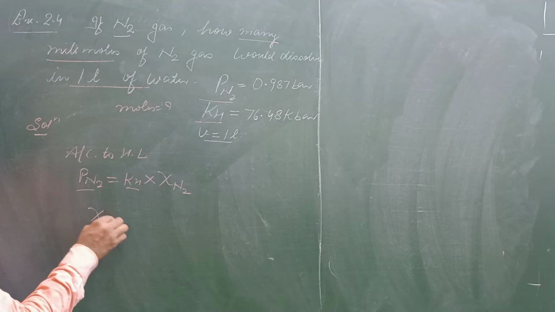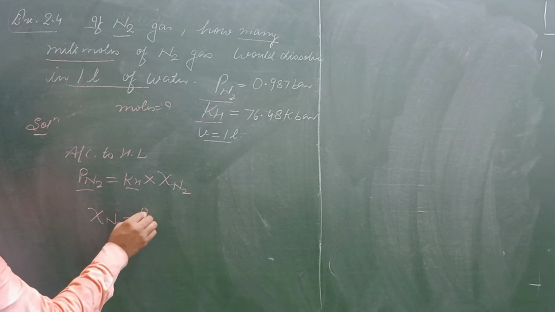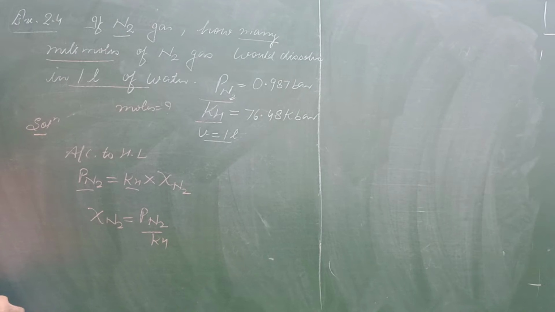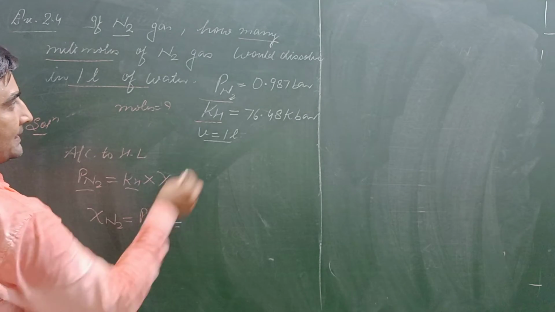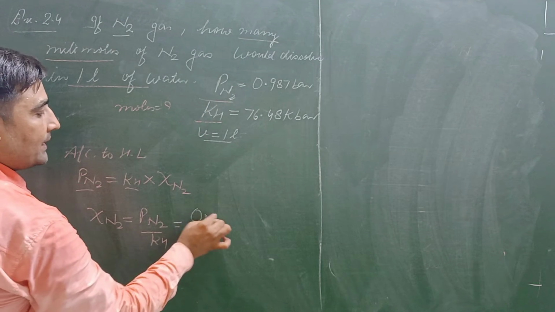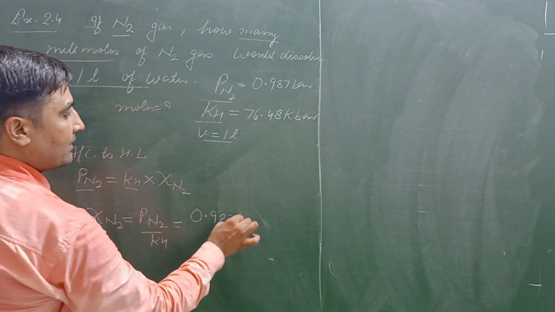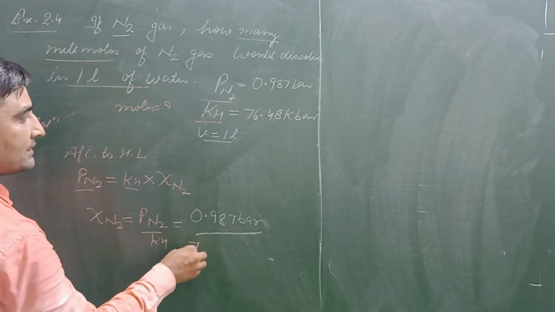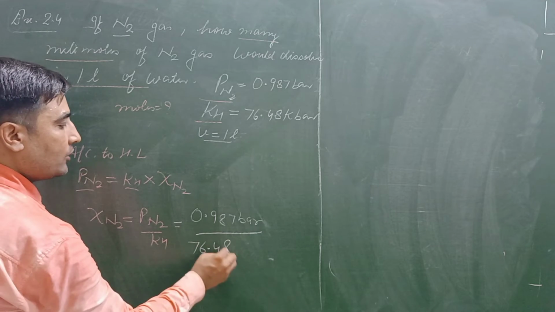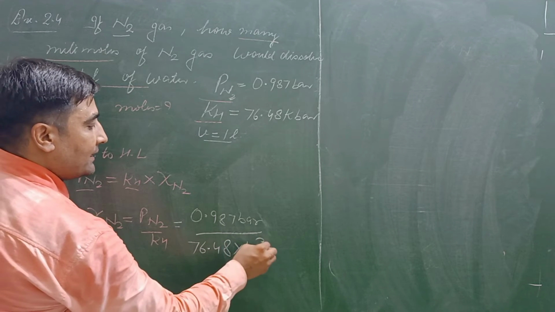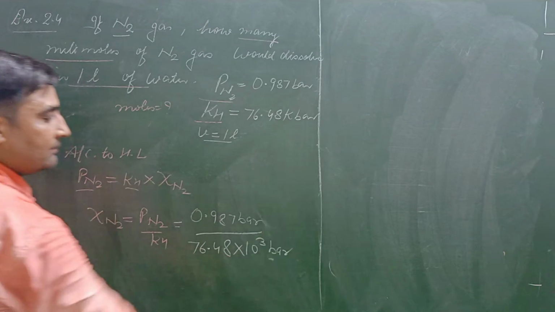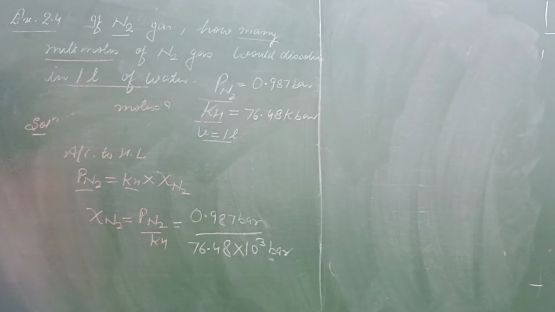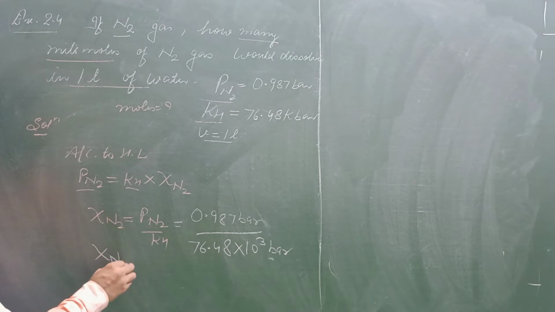Let's find mole fraction of nitrogen, that will be equal to P_N2 by Kh, and this will be equal to 0.987 bar divided by Kh, which is given as 76.48 kilobar. Let's convert it into bar by multiplying by 1000. So bar to bar cancel out and we find the mole fraction of nitrogen here.